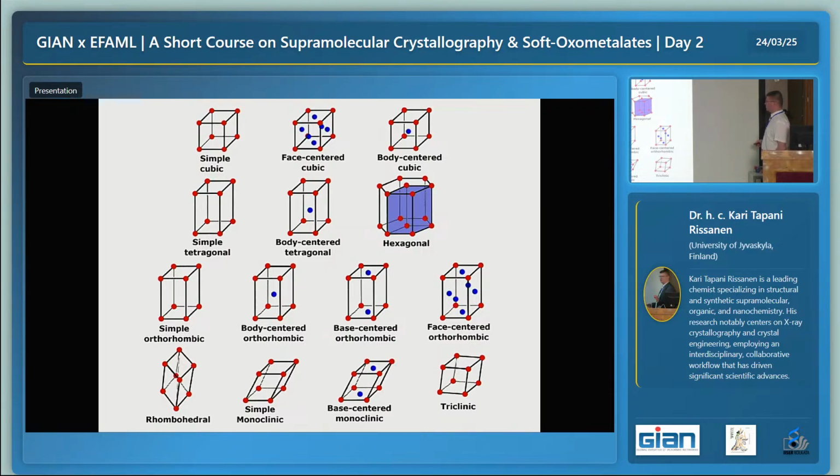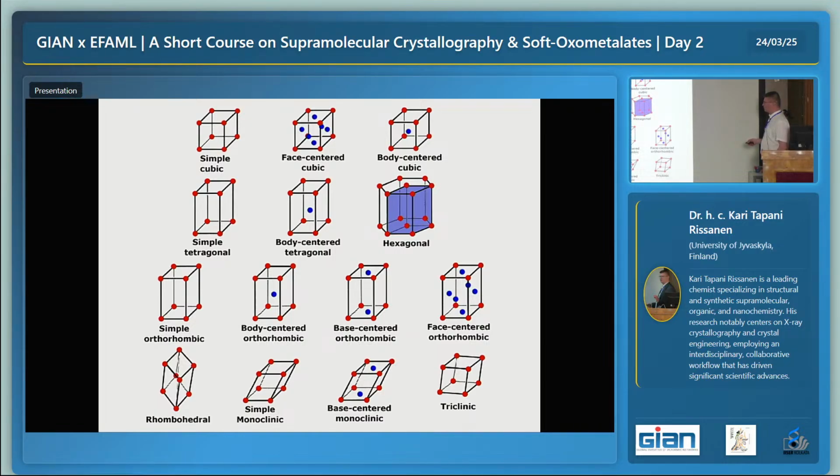Now when we go to the orthorhombic case, this becomes interesting, because in the orthorhombic you can have points in the corners, since all the angles are 90 but the axes are not the same. We can add 1 additional point in the center, in the body. It's exactly in 1, 1, 1.